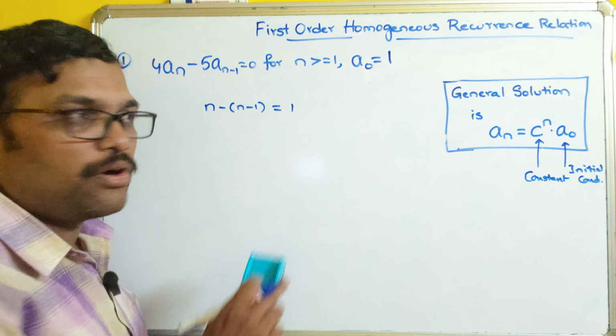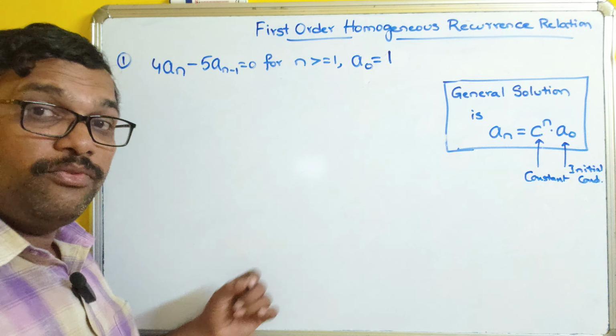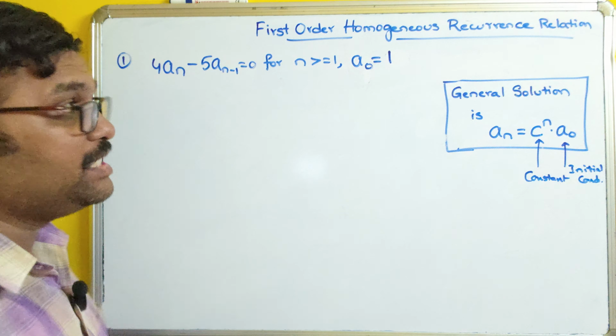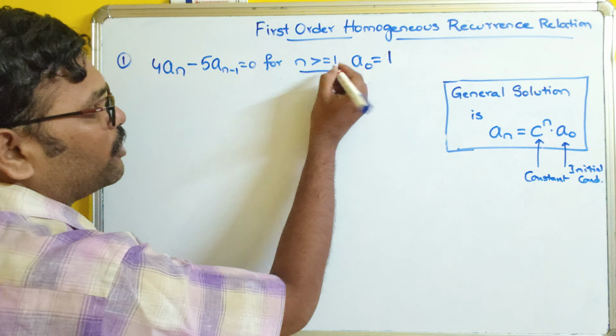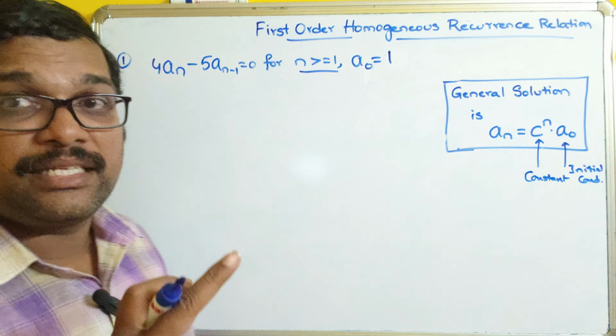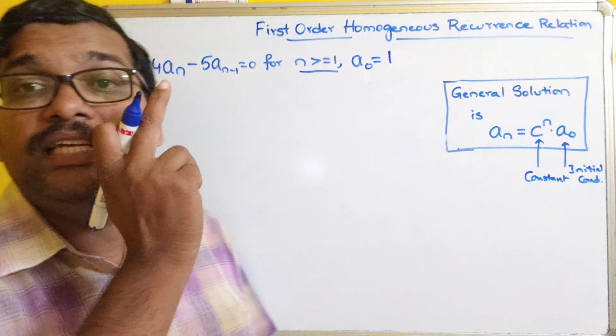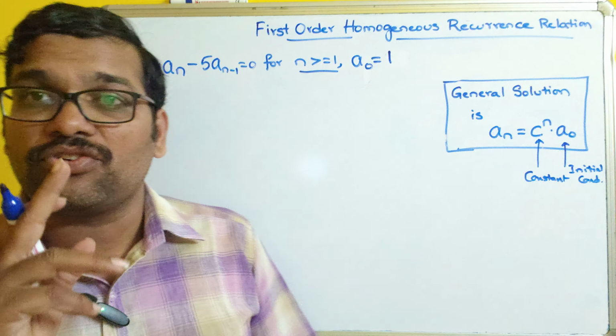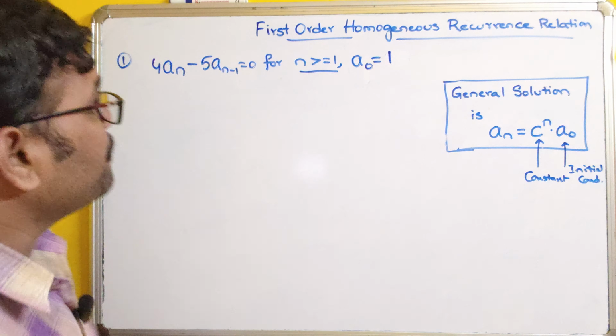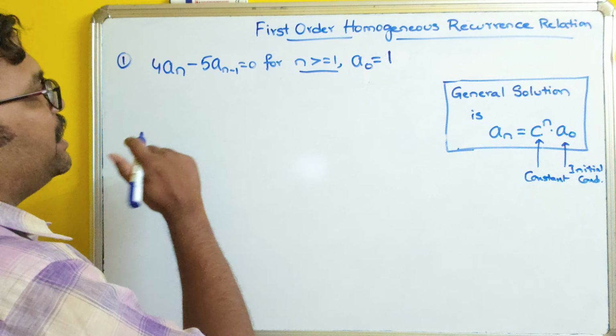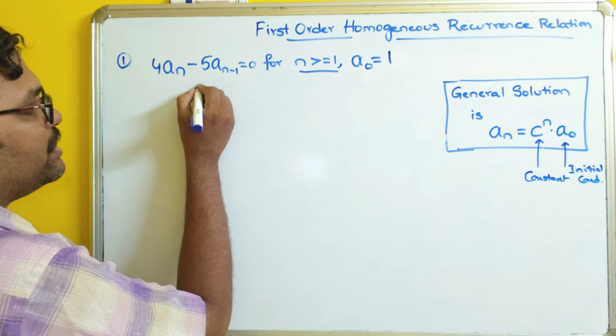So this is a first order recurrence relation. And one more thing we have to check, that is n should be greater than or equal to 1. If n is greater than or equal to any other number, first we have to change that relation to the first order recurrence relation.